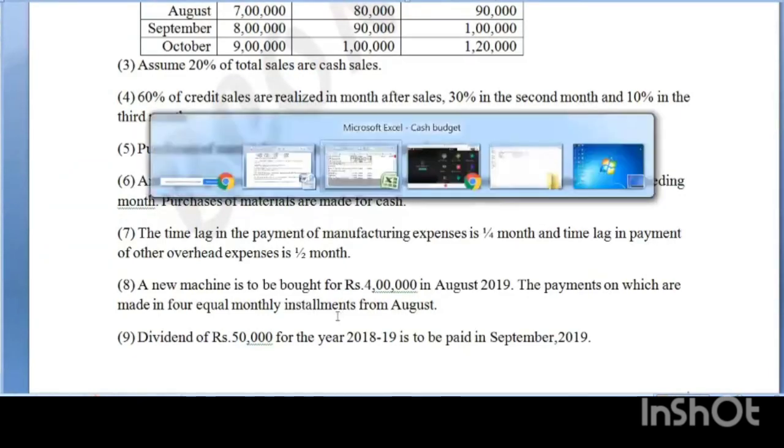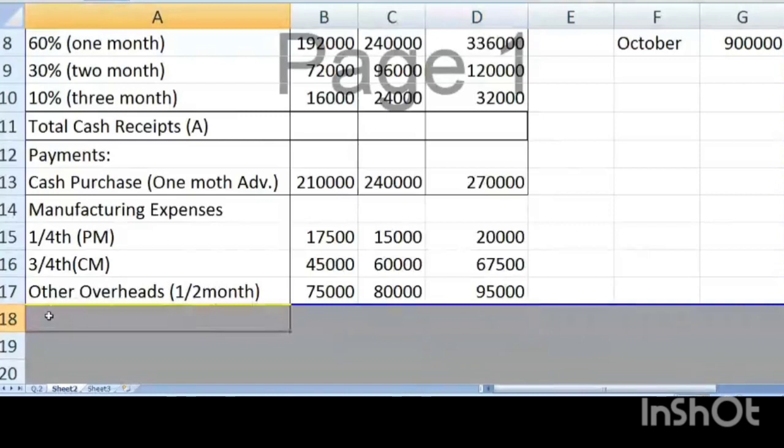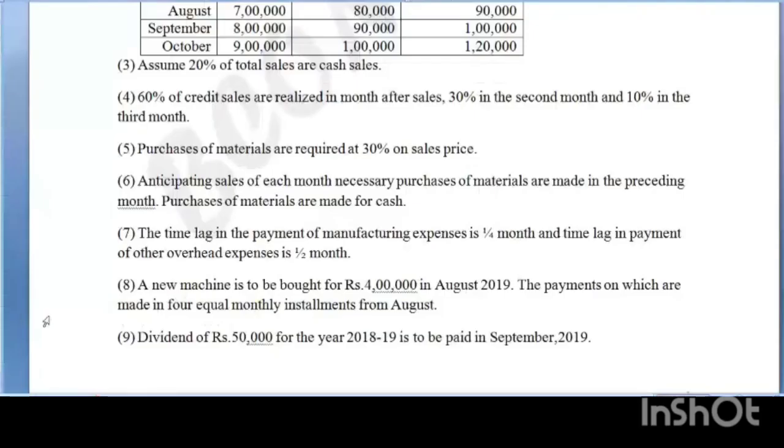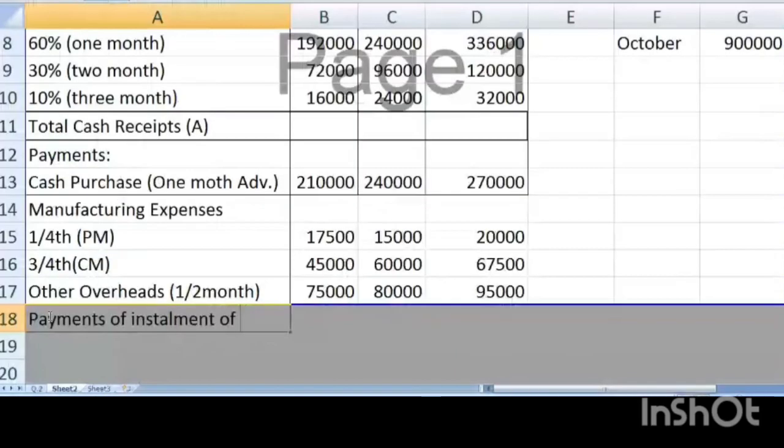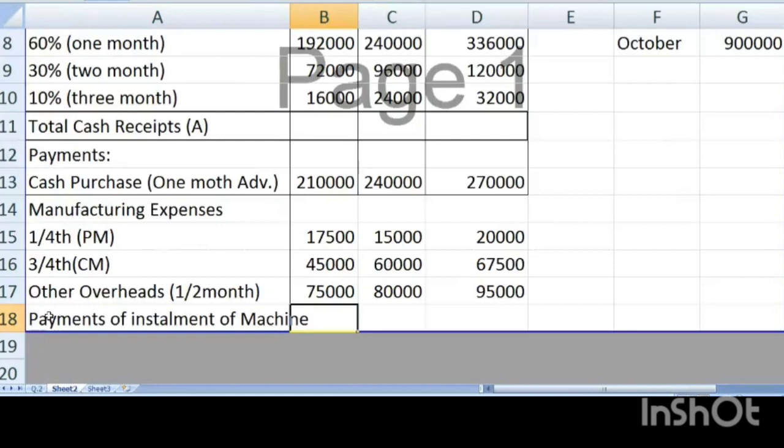So here, installment of machine bought. So 1 lakh rupees from August.